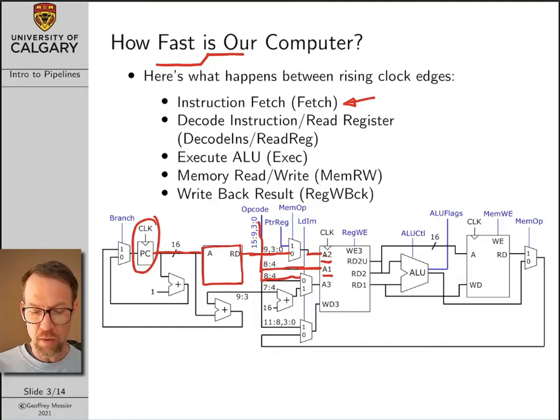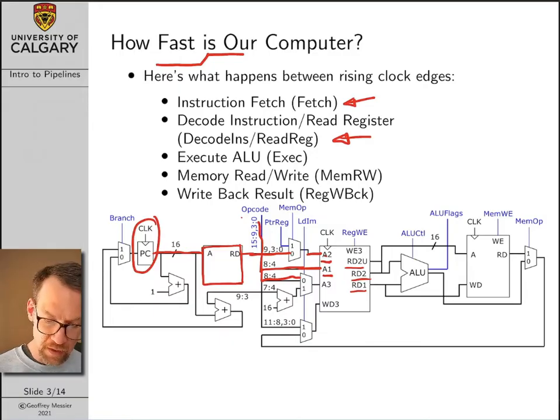As soon as we change our A bus values, the corresponding outputs will show up on RD1, RD2, and RD2 upper. This much of our instruction execution, changing the addresses and then reading the register values out on our read buses, I'm going to refer to as the decode instruction / read register stage. So we decode our instruction with our opcode on our control path, and we read our register values.